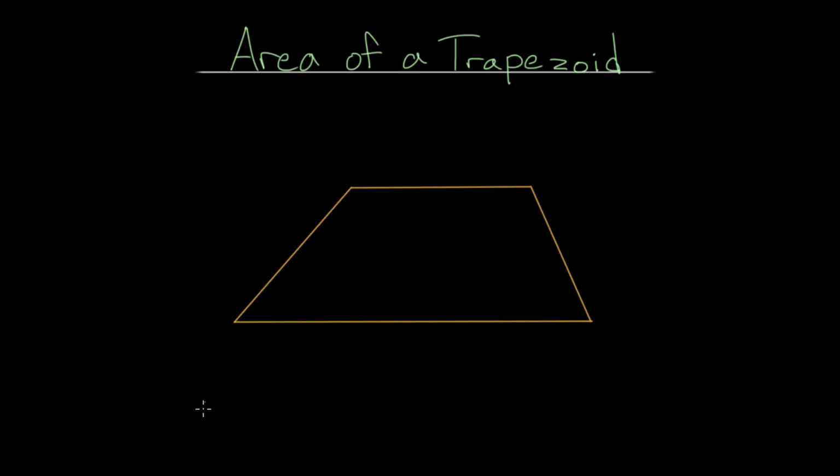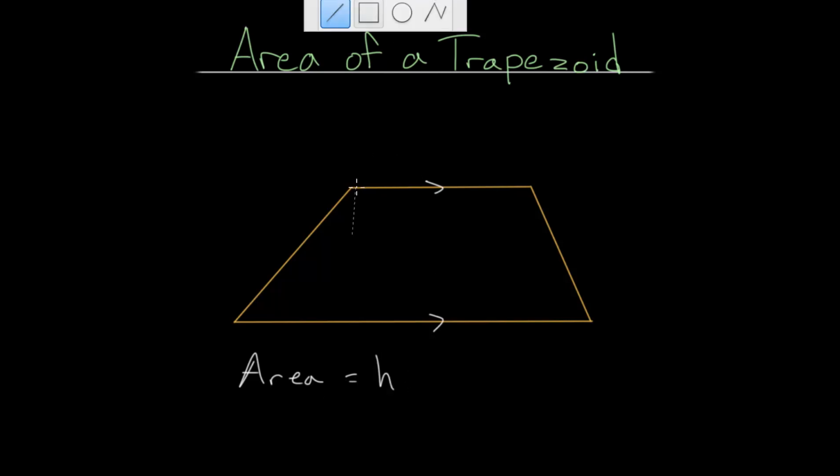So in this video, I just want to look at a slightly different way to approach finding the formula. And remember that a trapezoid is a quadrilateral where it has one set of parallel sides. And the formula, we can just say the area of the trapezoid is equal to the height of the trapezoid, which we can just draw a perpendicular line between the bases, multiplied by the average of the bases.